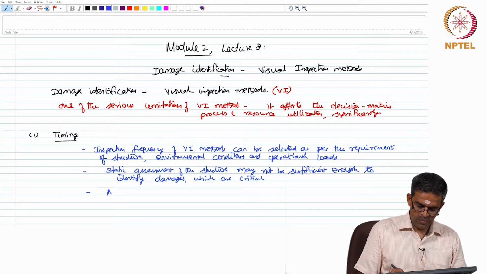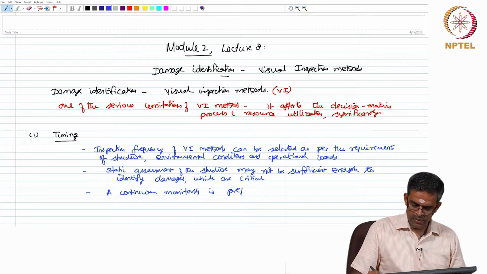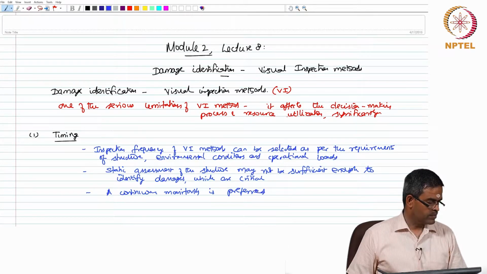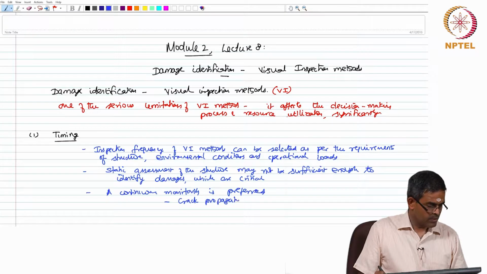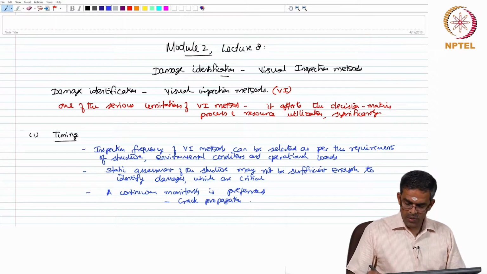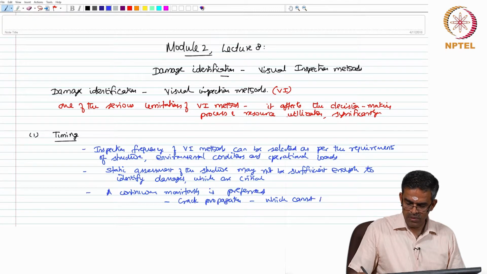Therefore, a continuous monitoring is preferred. For example, crack propagation cannot be captured by visual inspection tools.